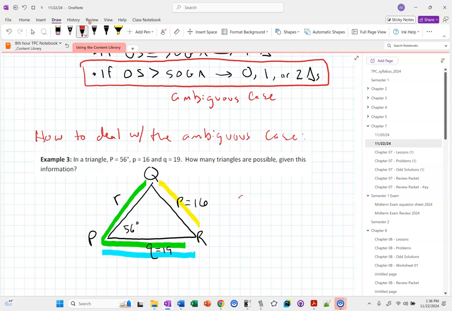So I can see that this is an SSA triangle. I can see that the given angle is acute. I can see that the side opposite the given angle is less than the other side. So that's telling me this is the ambiguous case. Is everybody okay with my analysis to this point?